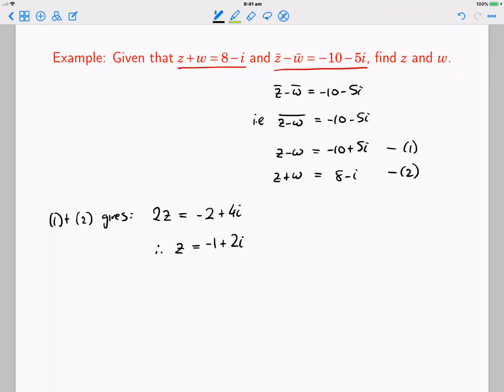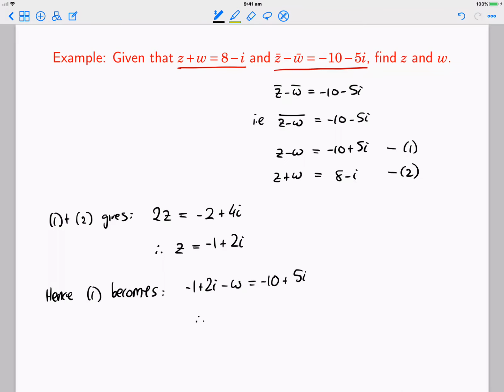And now that I have z, I can easily solve for w. I can substitute it back into either equation 1 or equation 2, it doesn't matter. So let's substitute it back into equation 1. Hence equation 1 becomes: I've got minus 1 plus 2i, which is z, minus w, equals minus 10 plus 5i.